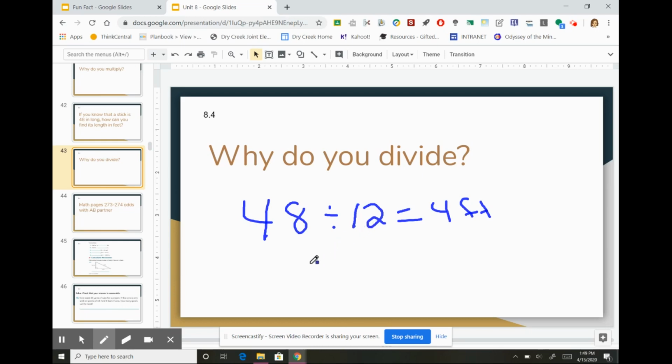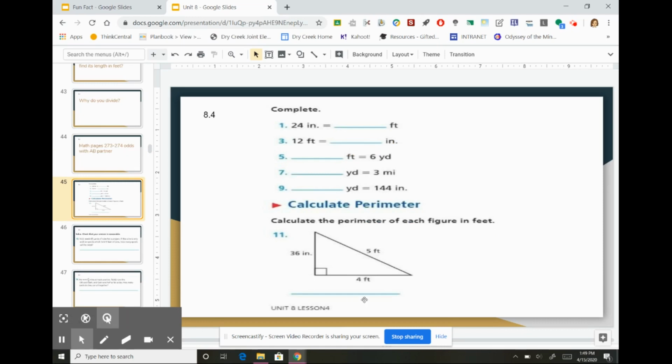Okay, let's look at the next problem. Now you're going to try some on your own. Remember, if you're going from a larger unit to a smaller unit, you must multiply. Larger to smaller, multiply. If you're going from smaller to larger, you must divide.